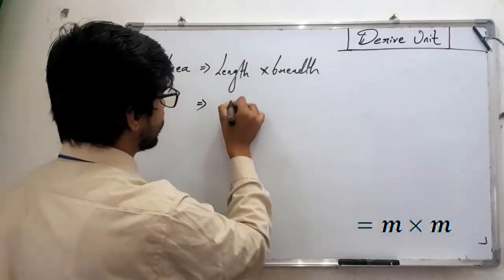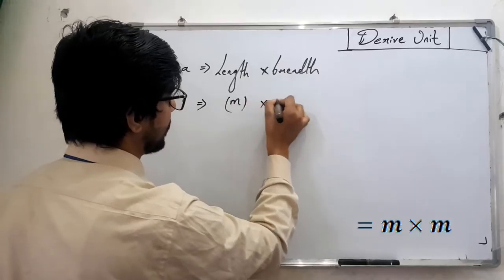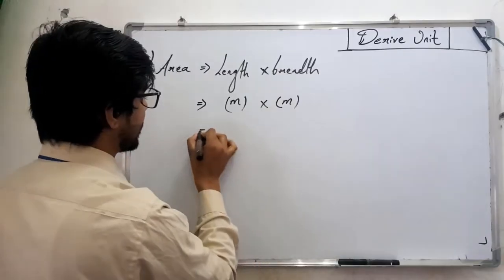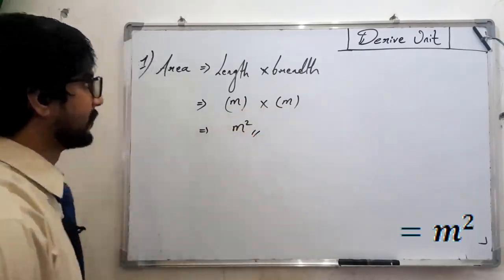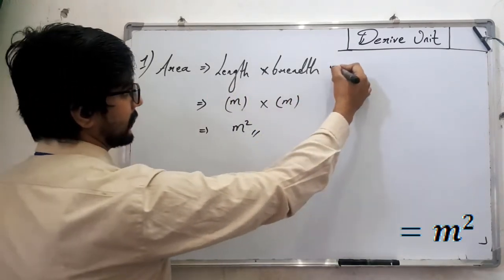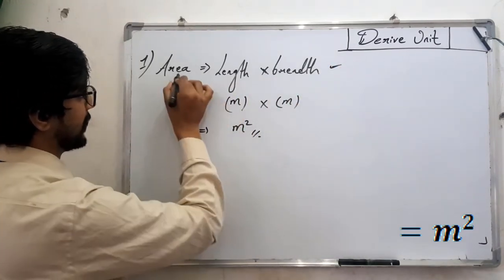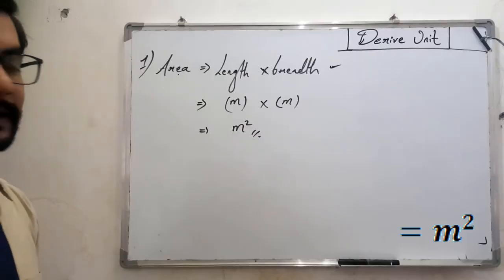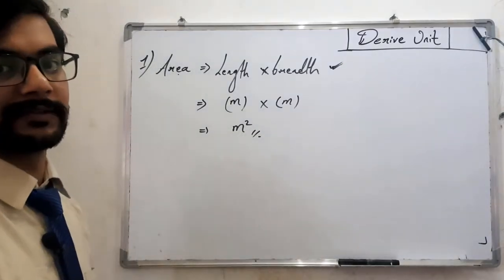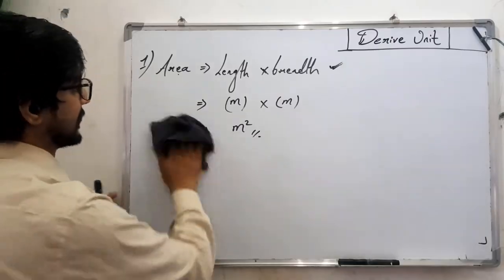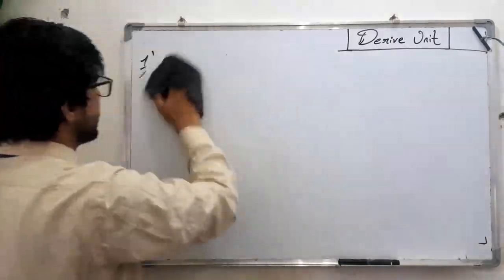We can write their unit as meter times meter. When you condense this together, you will get meter square. So with the help of a formula, we can derive the units involved in any derived quantity. But you must know some formulas that we will be using for derivations.